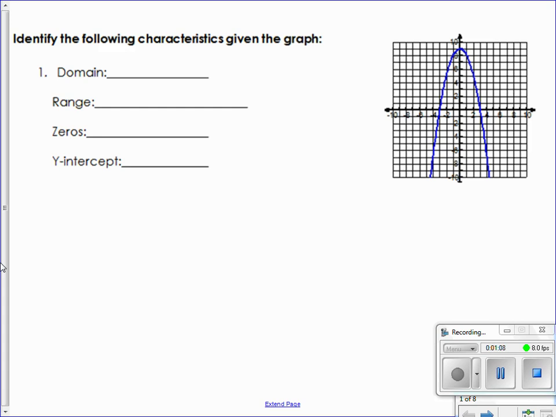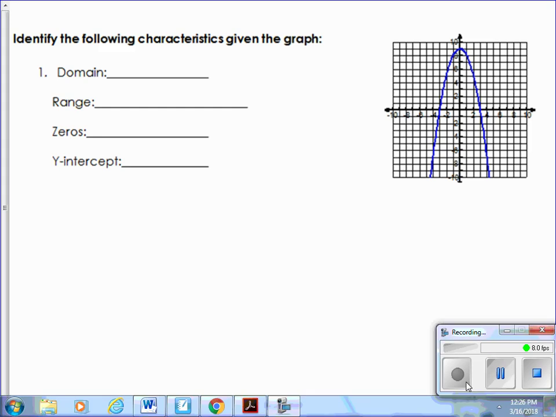But the way that we read the domain is we look at that graph and we see how far to the left can that graph go. Like, would it ever stop? Is there an absolute furthest point, a boundary that makes that graph quit going to the left?